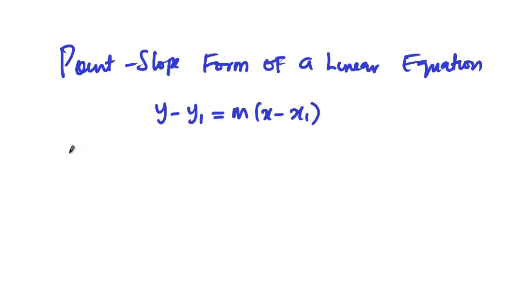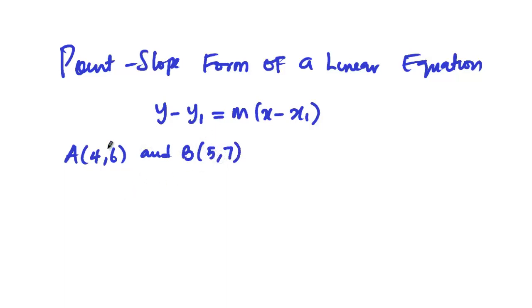I want to determine the equation that produces this line: A is 4 comma 6, and B is 5 comma 7, in point slope form.